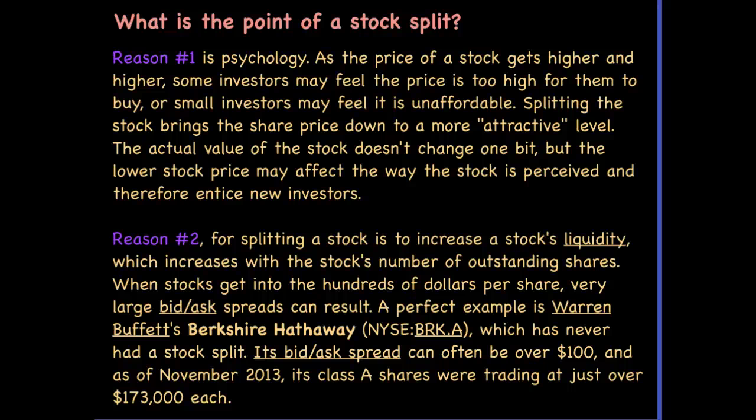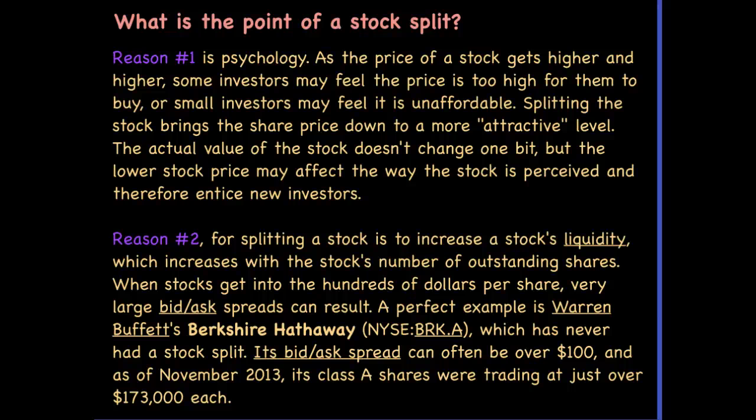Reason number 2 for splitting a stock is to increase a stock's liquidity, meaning turning into cash more quickly, which increases the stock's number of outstanding shares. When stocks get into the hundreds of dollars per share, very large bid/ask price spreads can result. So here's an example. Warren Buffett's Berkshire Hathaway.